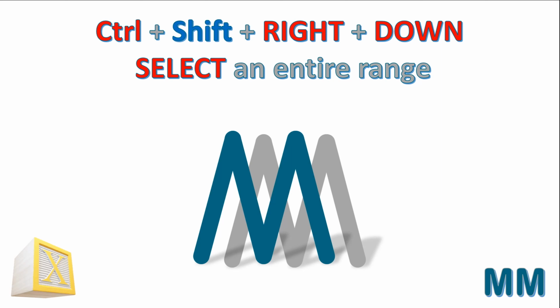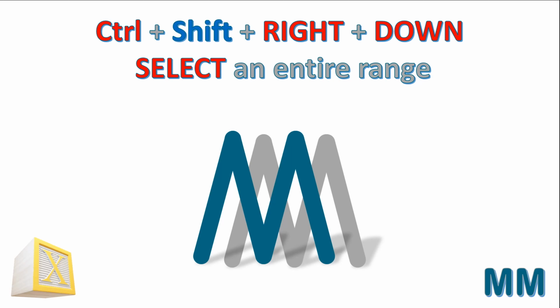What I can do is simply go to the very first cell on the left, press Ctrl, and then press simultaneously Shift, and then press the right arrow until I reach the end of the range that I want to have selected. Then release the right arrow key and press the down arrow key until the bottom end of my range, and that will select instantly my entire range, no matter how large it is.